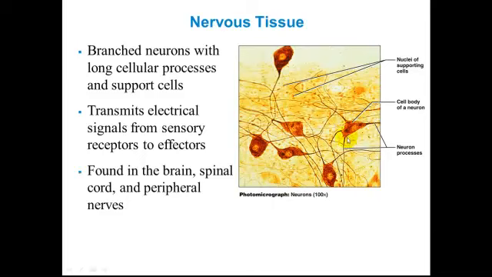These projections are processes. These are called axons and dendrites, depending on where we're seeing these. What these cells or neurons do, these individual neurons help to send signals. Now, surrounding all of this, we also will see what are called supporting cells or glial cells, and we will look at this in depth in Chapter 11.